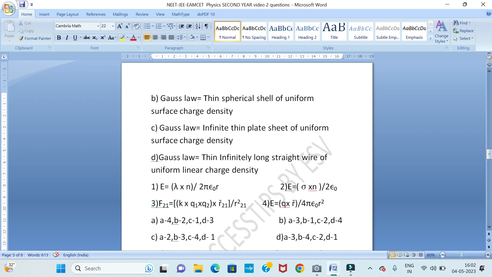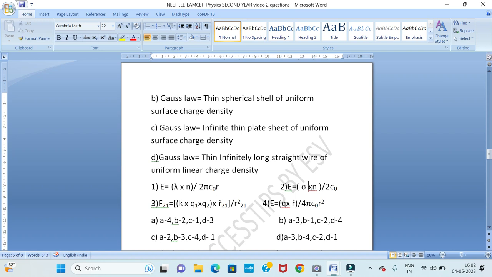Next, thin spherical shell. Infinite thin wire: E is equal to lambda into n by 2 pi epsilon 0 r. Thin is lambda and 2 pi epsilon r. Next, infinite plane: E is equal to rho into n by 2 epsilon 0, not pi r.